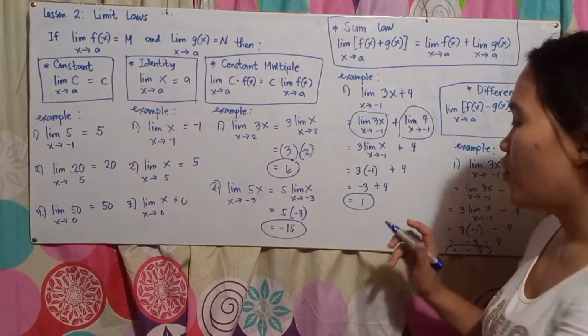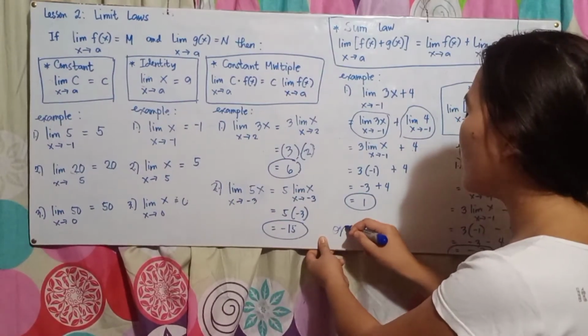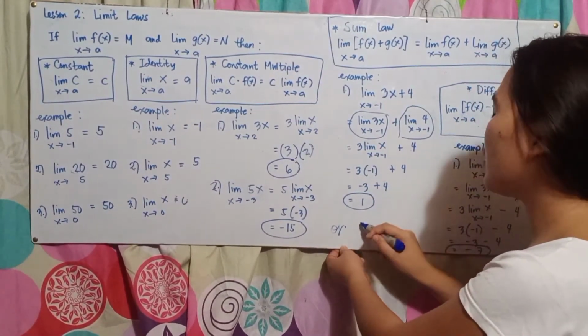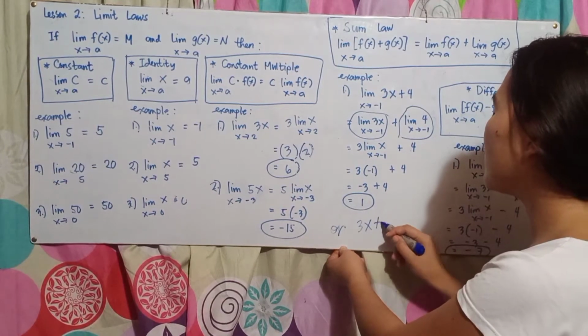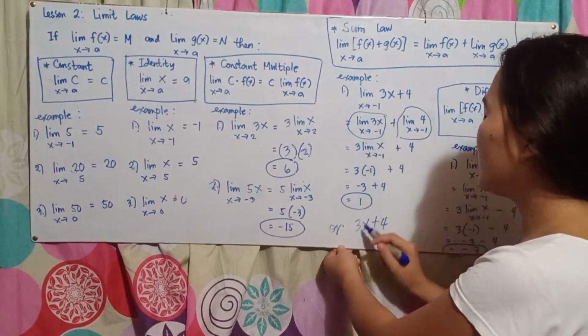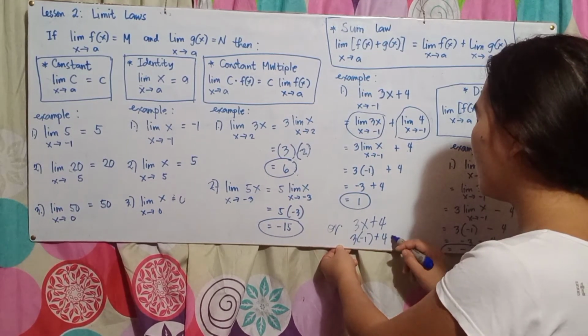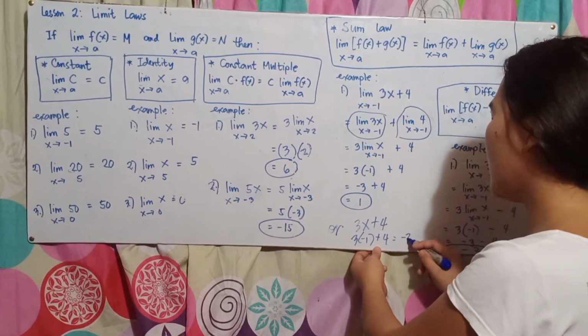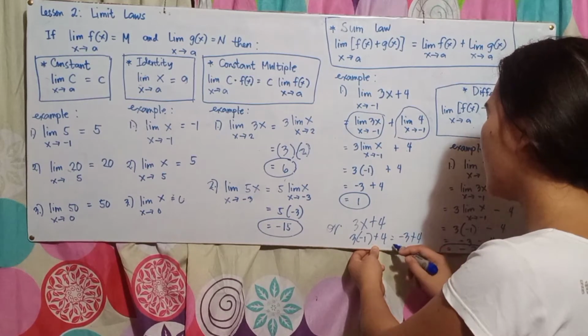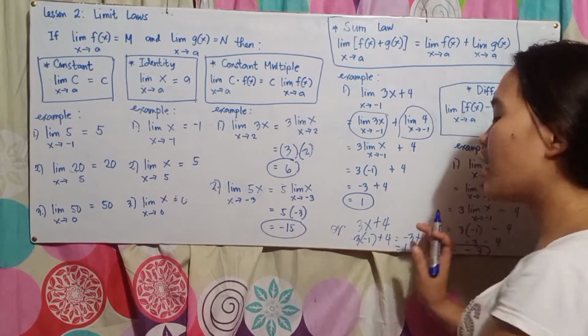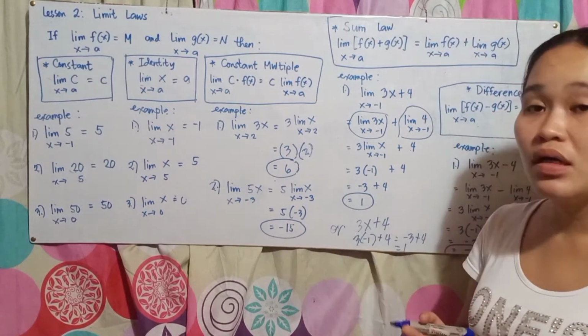Sum law. Or, kung dili ka magamit og law, tama gyapon kung diretso nimo i-substitute 3x plus 4, then approaches to negative 1. Negative 3 plus 4. 1. Pwede gapon kung yun ani mong way of solving.